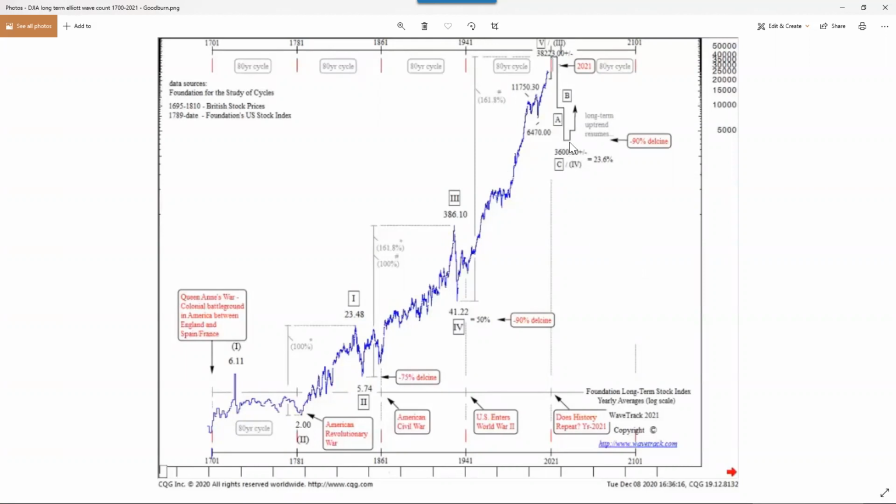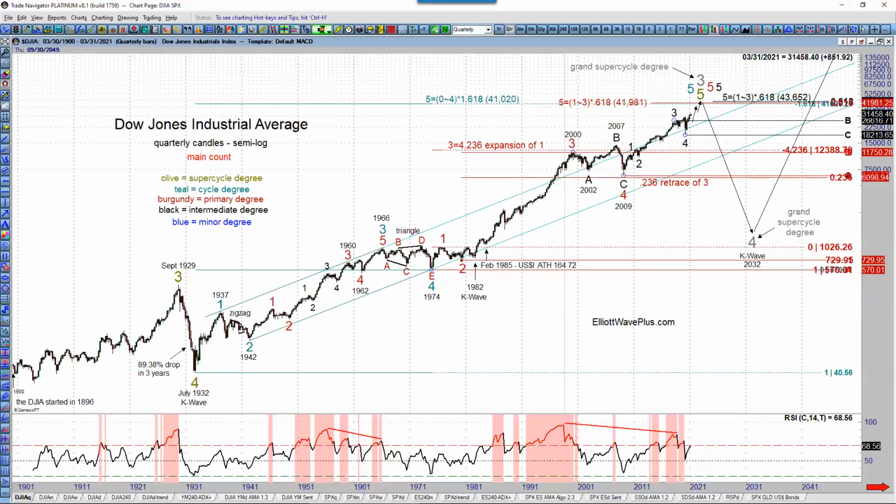And even if grand supercycle wave 4 only retraced the entirety of grand supercycle wave 3 by 23.6%, a fairly small retrace, the Dow would move back down to 3,600.